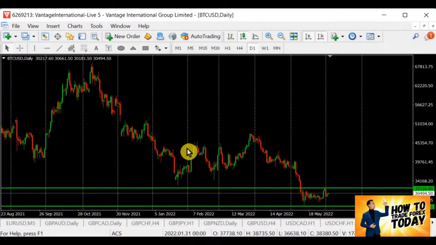The previous target was 30, and we managed to hit 30 from 27 or 28. So by looking at the trend over here, the target is shifted up to 32.